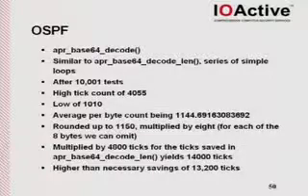Went ahead and rounded it up to 1,150 and multiplied by 8 for each of the 8 bytes that we can omit before we actually get a different size chunk. Combined with the 4,800 ticks that the decode length function saved us, it actually yielded 14,000 ticks, which is higher than what we were trying to save.